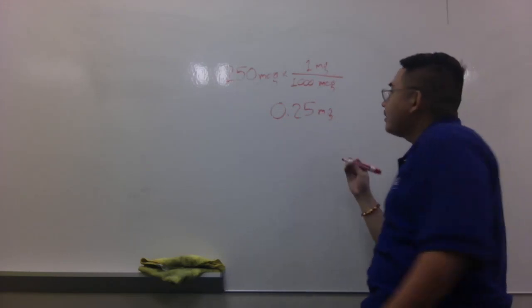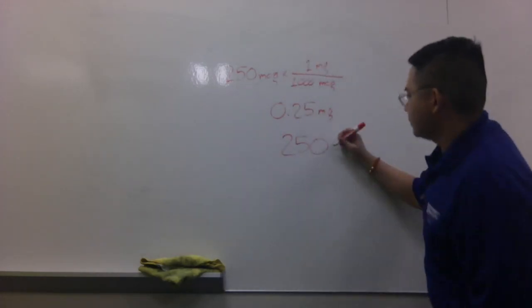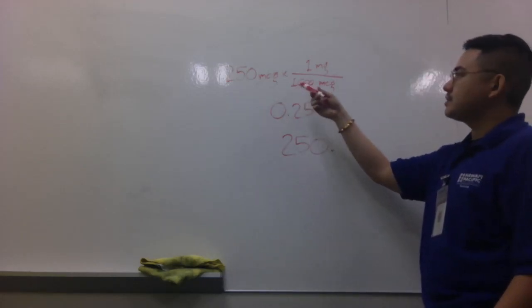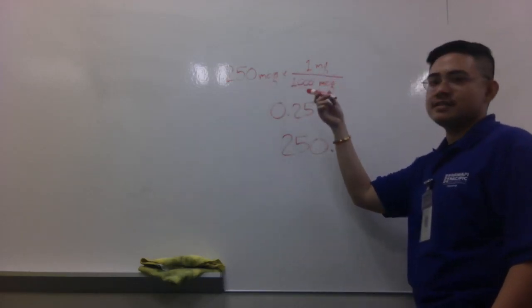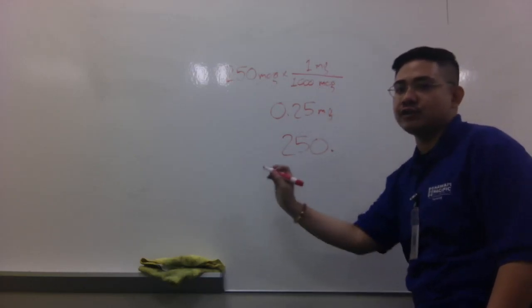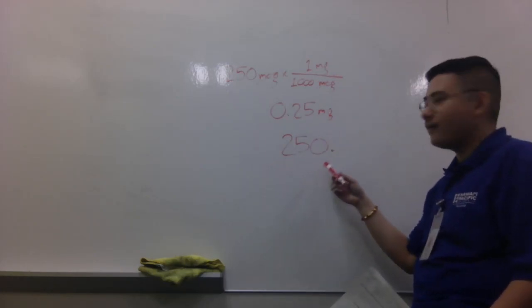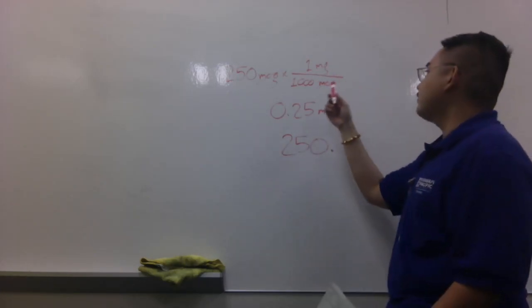Or here's one way to do it. You can do it with a calculator, or we have 1,000. If you divide by anything with zeros, whatever zeros at the end, that's how many places you have to move to the left. So we have 250 divided by 1,000. We have 250 right here. The decimal is right over there. We want to divide by 1,000.